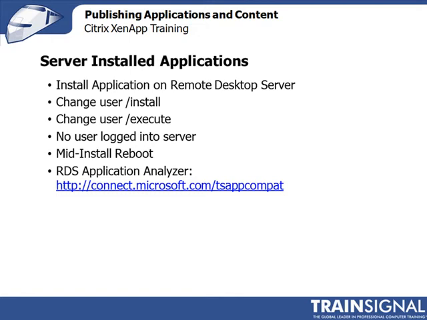Now, another thing to pay attention to that could be very, very useful in your XenApp installation, or RDS installation for that matter: Microsoft makes available an RDS application analyzer. So while you can manually try to install applications and try to figure out if these applications are good candidates to be installed on a XenApp or RDS server, you can also use the RDS application analyzer, which will run certain tests against the executable or the MSI of that particular application and tell you if this application is a good candidate for installation on an RDS server.